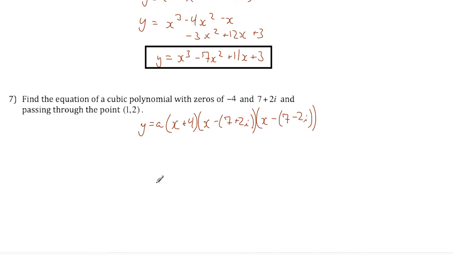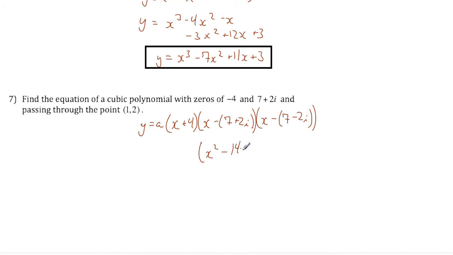Here we use the sum and product rule. We're going to ignore this x minus 4 for just a second. And again, x times x is going to give us x squared. If we're minusing and minusing, it's going to be minus. Here, if we have the 7s, we're going to do 7 plus 7 is 14. 2i plus -2i is 0.